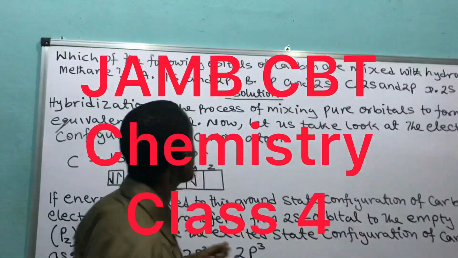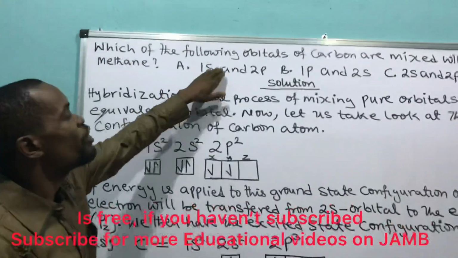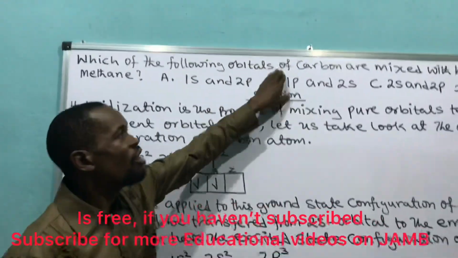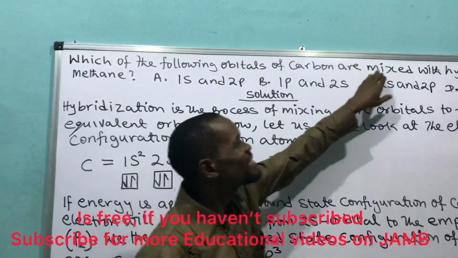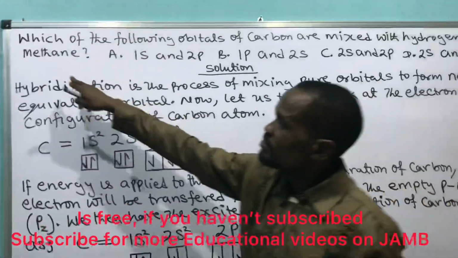The question they ask in this Class 4 says: which of the following orbitals of carbon are mixed with hydrogen in methane?